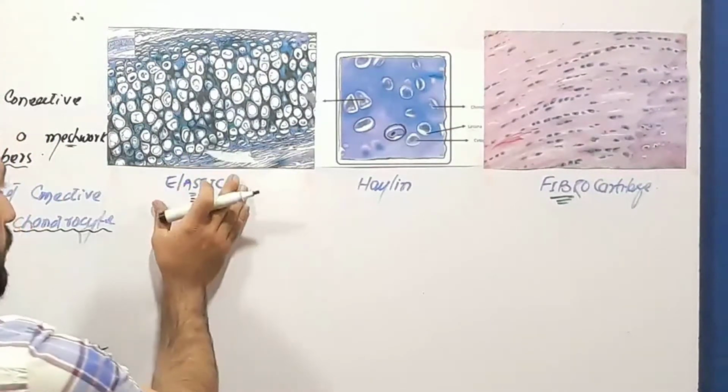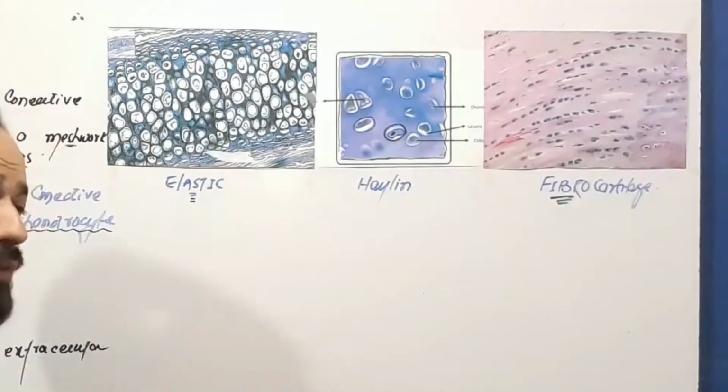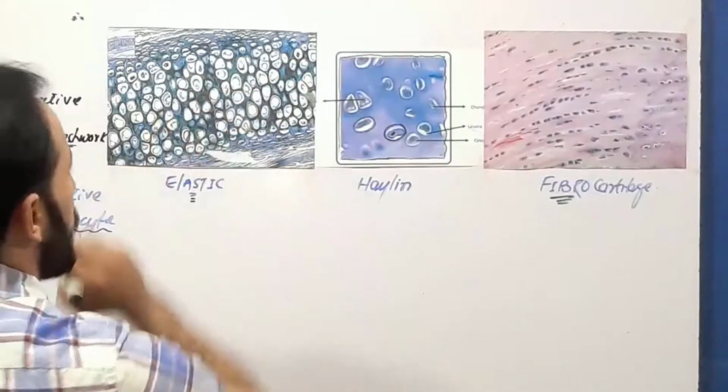Whenever it is elastic, it should not contain those very firm fibers which will resist its elasticity, right? So look here, these are all the cells of cartilage.